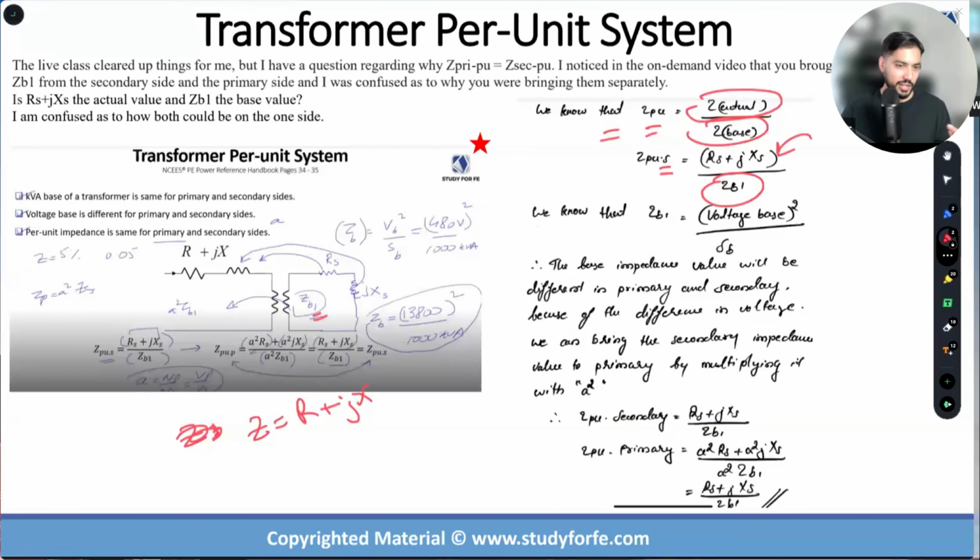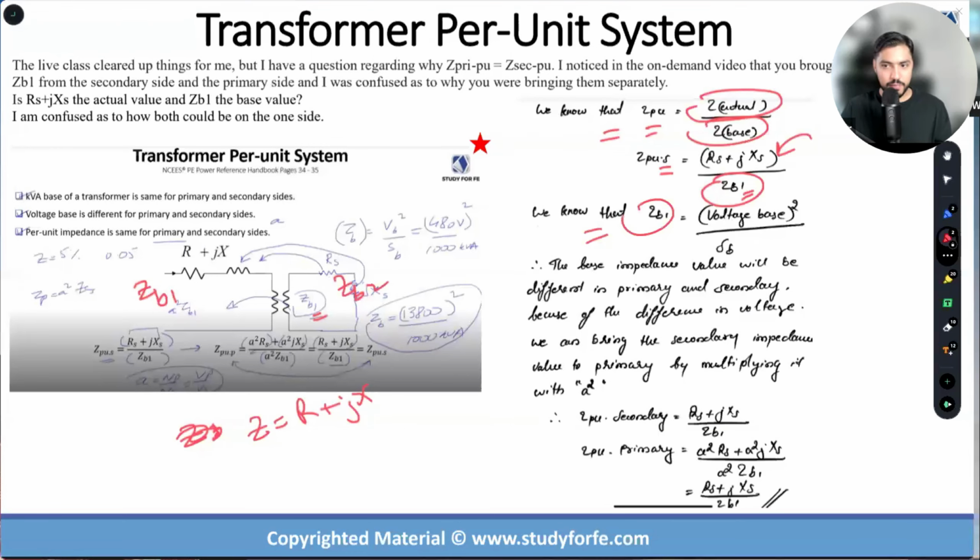It might be a good idea to call this base 1 and this base 2, because you move from left to right. B1 refers to our secondary base voltage.